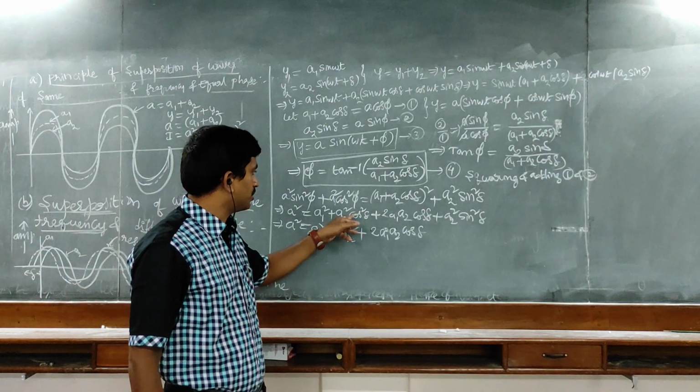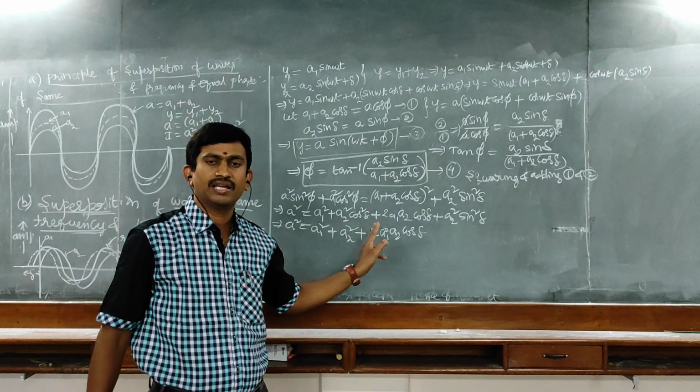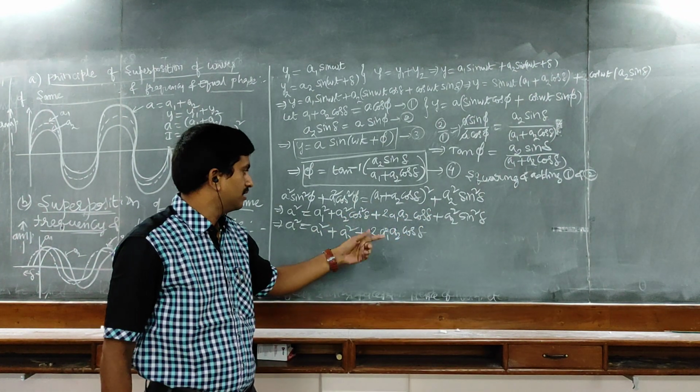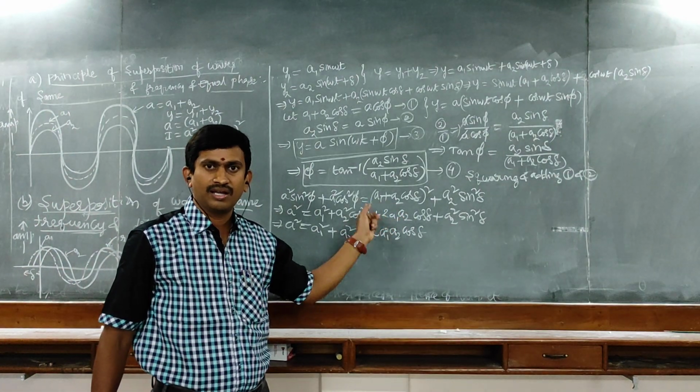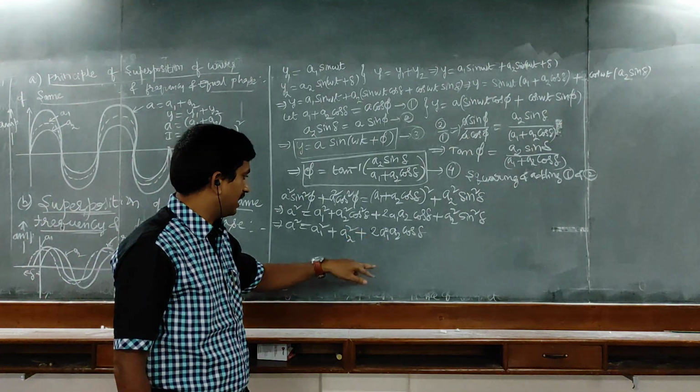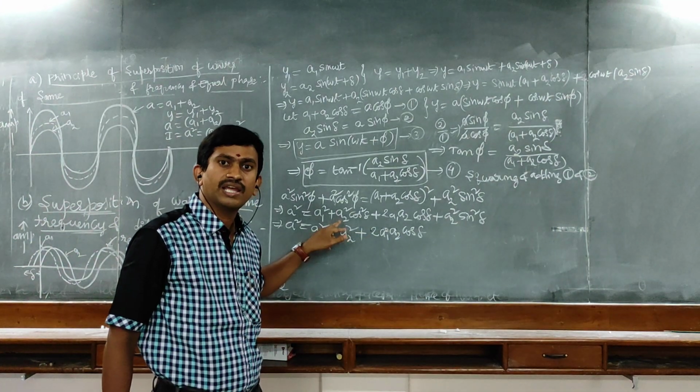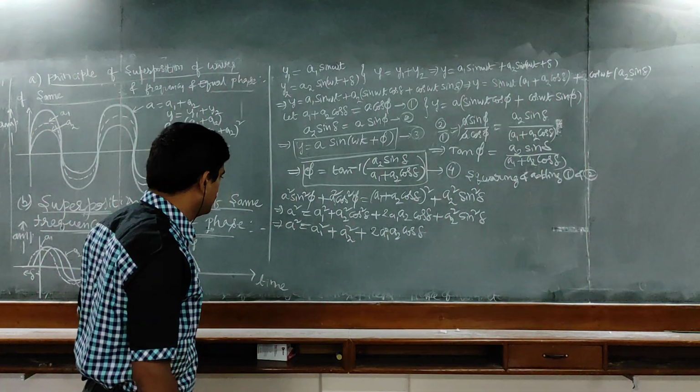For the other two terms, taking a2 square as common, we have sin square delta plus cos square delta, whose value again becomes 1. I directly wrote it as a2 square.